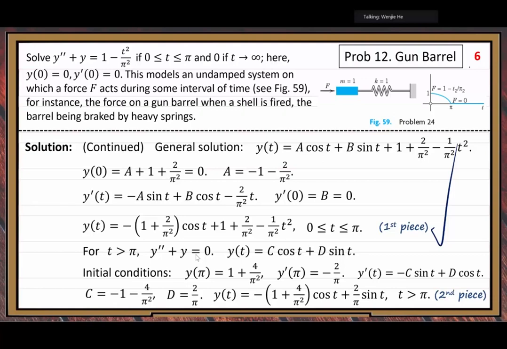The f function is a continuous function, right? From the picture, the f function is a continuous function.